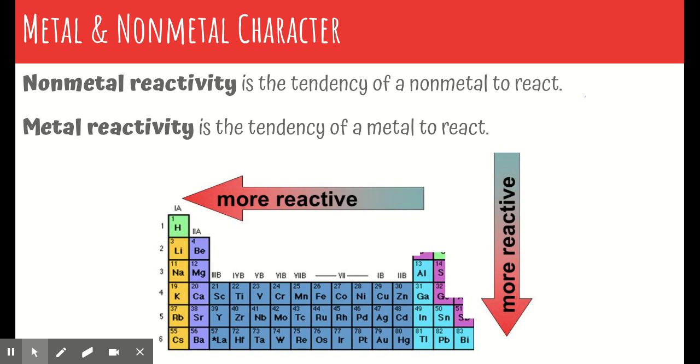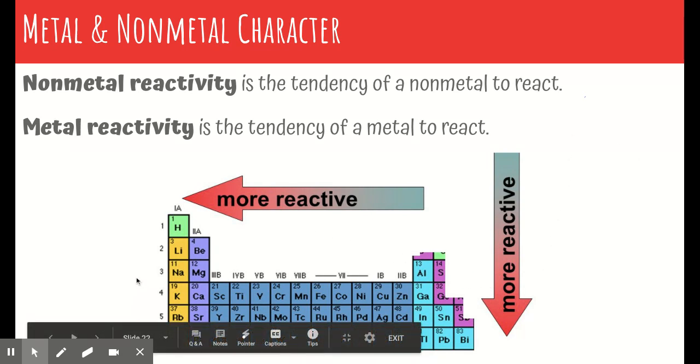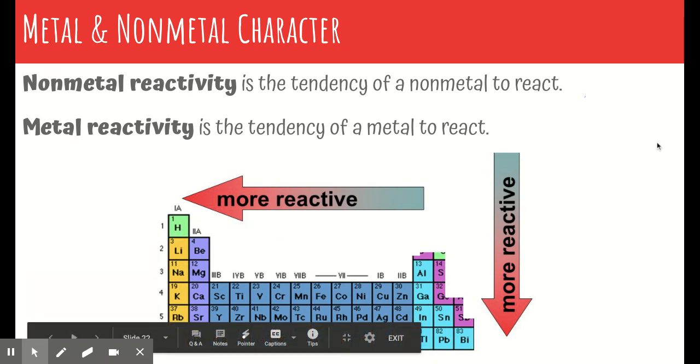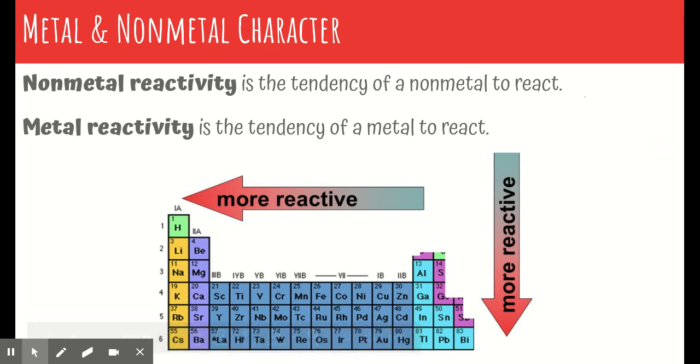They're going to be more reactive towards the bottom of the periodic table because those atomic radii are larger, so the nucleus has less of an attraction to its electrons. So you're going to be more reactive towards the bottom and more reactive towards the left. In general, everything on the left-hand side will be fairly reactive, and everything on the right-hand side will be much less reactive as far as getting rid of their electrons.